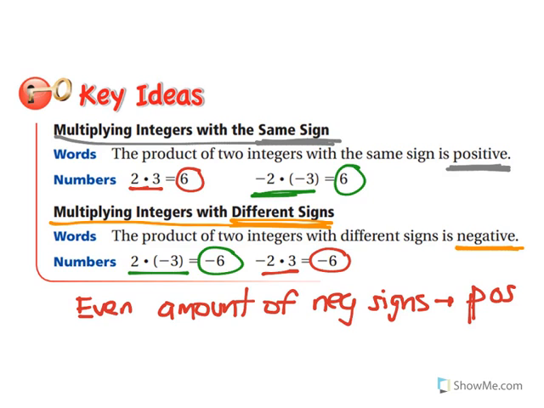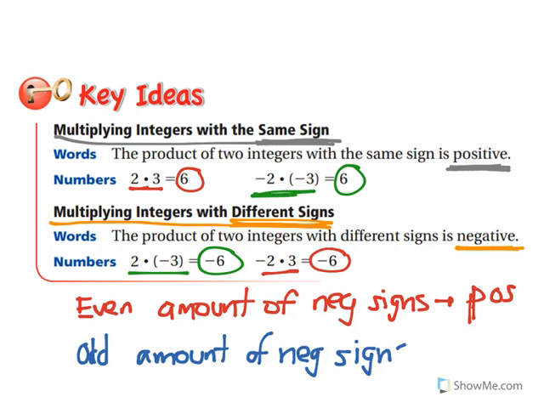If I have an odd amount of negative signs, my answer is always going to be negative.